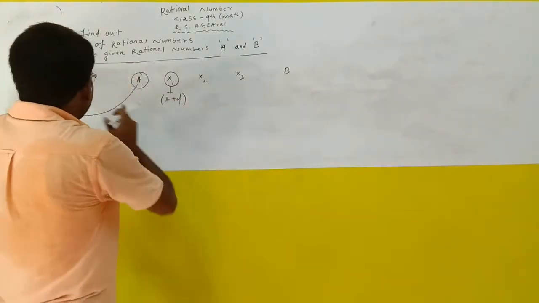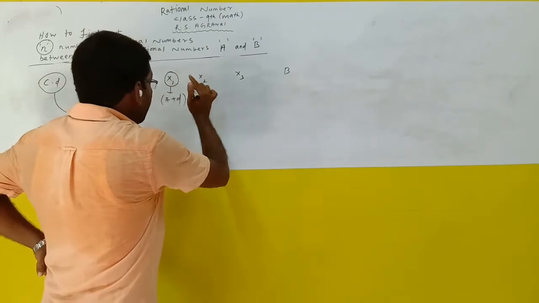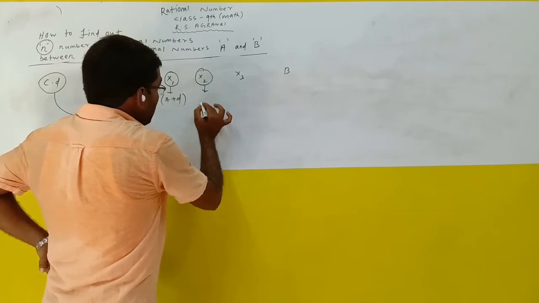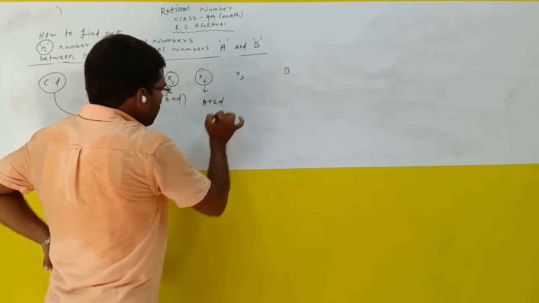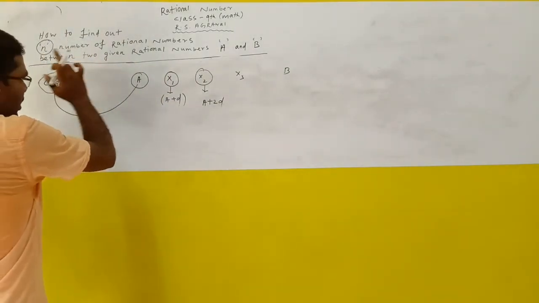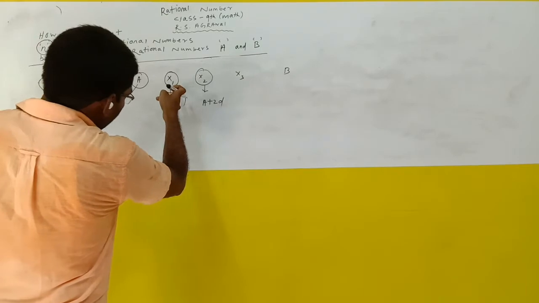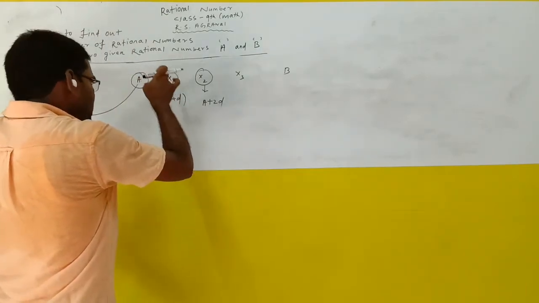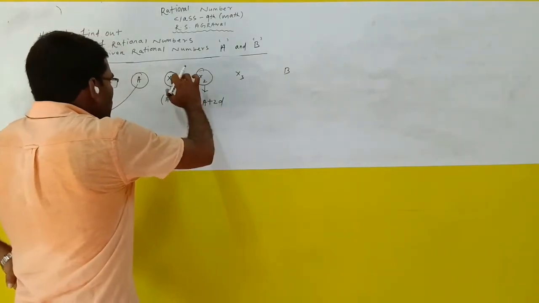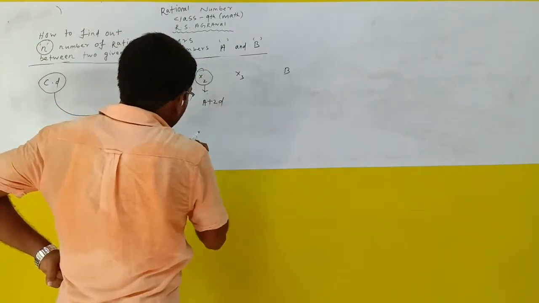Similarly, if you add the common difference to x1, you find the next rational number, that is x2.